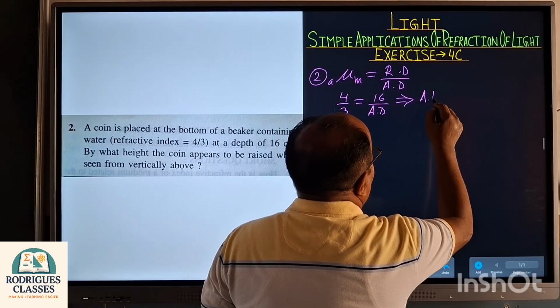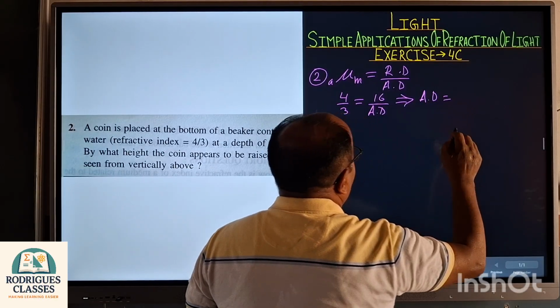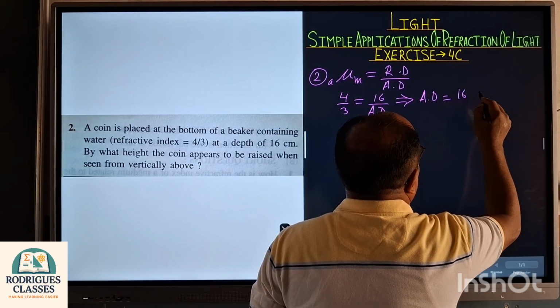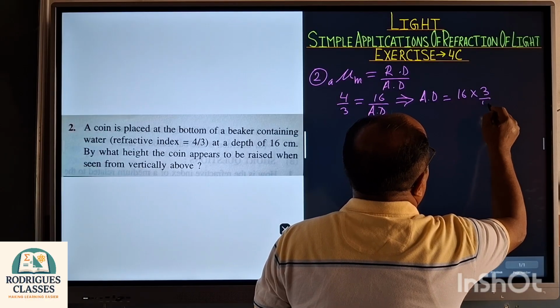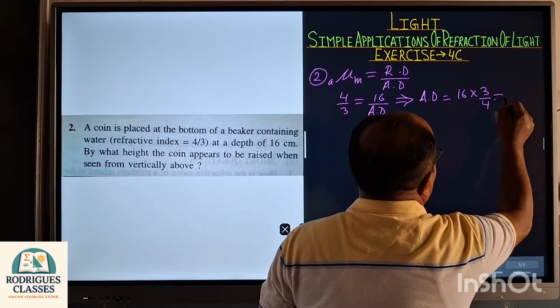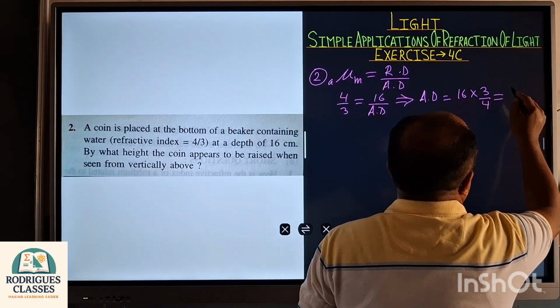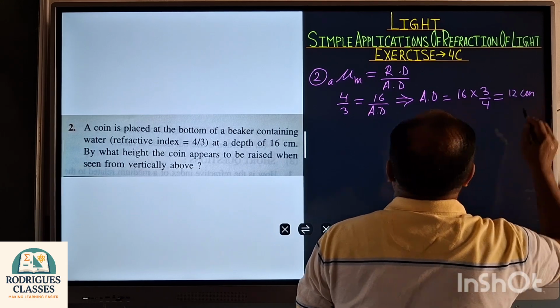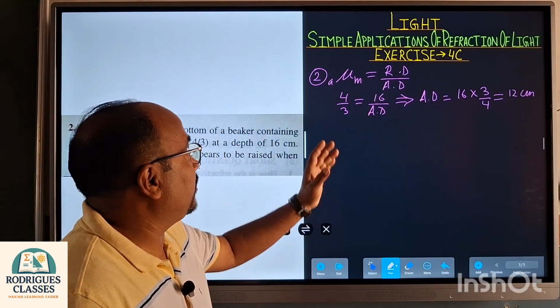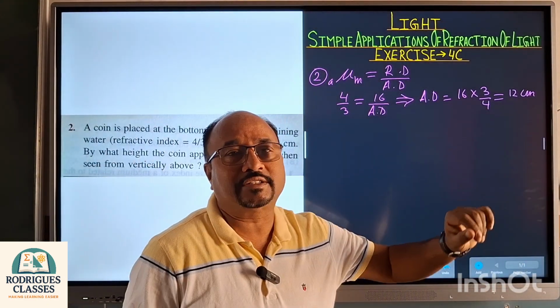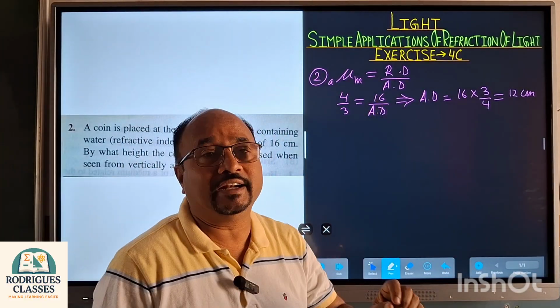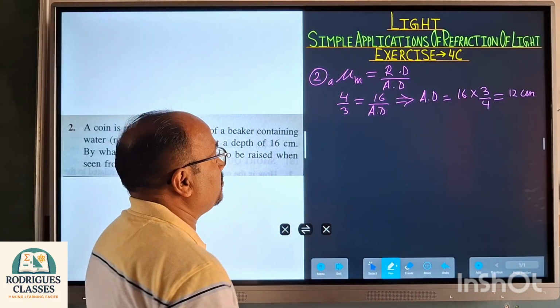So I get apparent depth equals to 16 into 3 by 4. That will get cancelled. And 4 4s are 16, so I get it as 12 centimeter. So I know the apparent depth as 12 centimeter and I know the real depth as 16 centimeter.